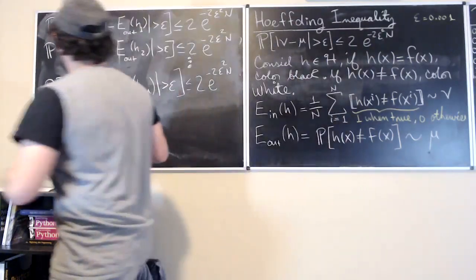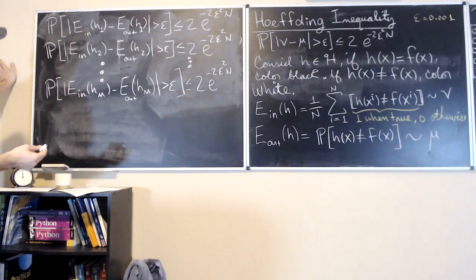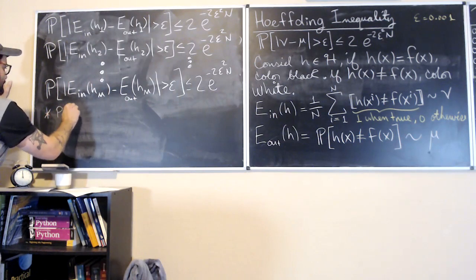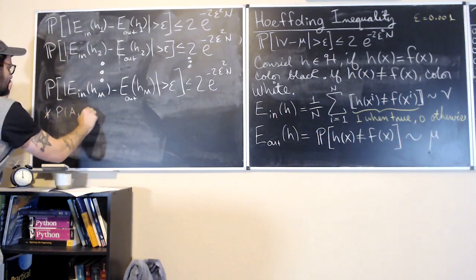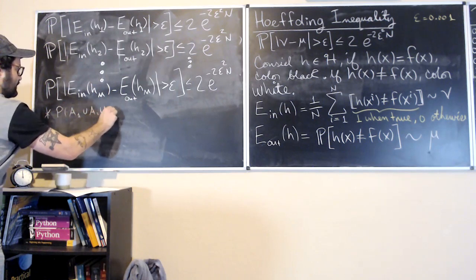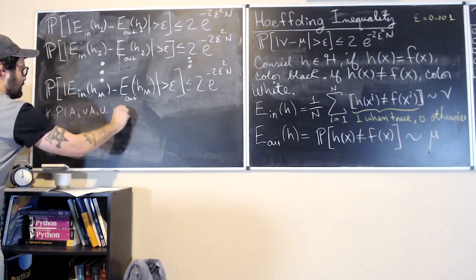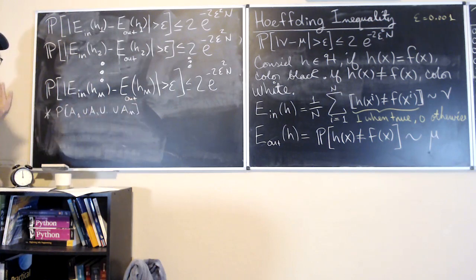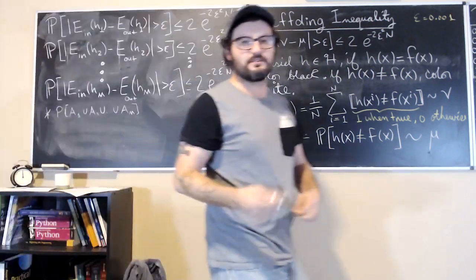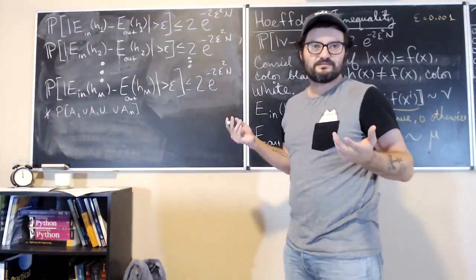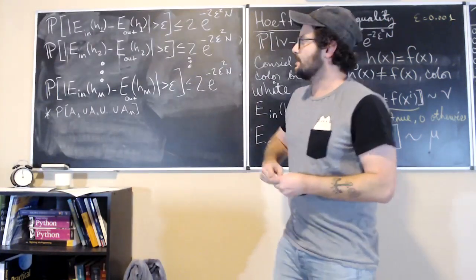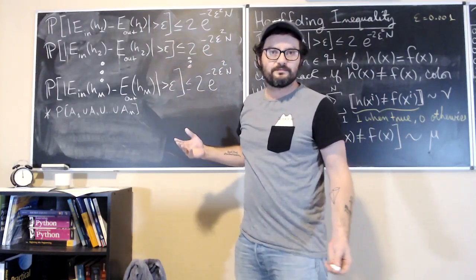So we can say that, if you remember, the probability of A1 union A2 union dot, dot, dot, union AM, you sum the probabilities and you subtract off the intersection, right? That's the formula for the union of probabilities, and OR is like union, right?